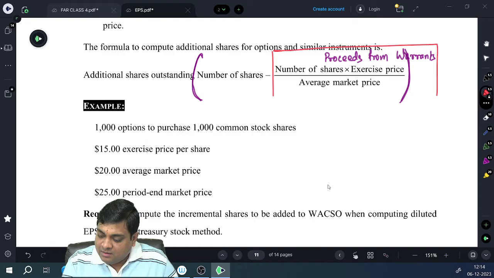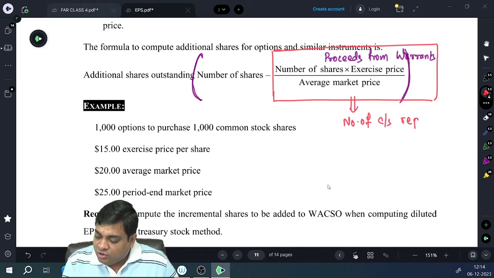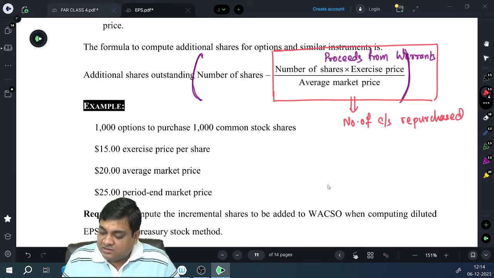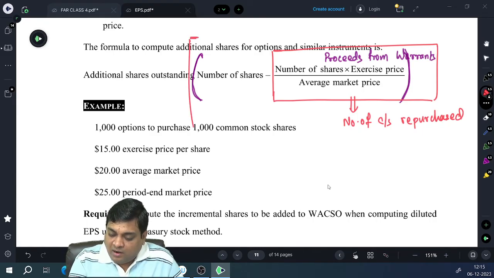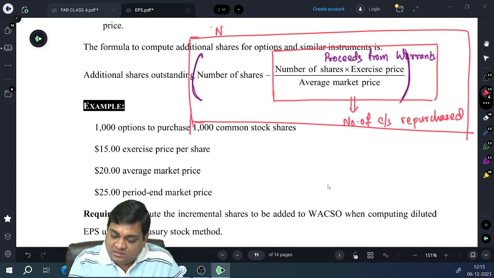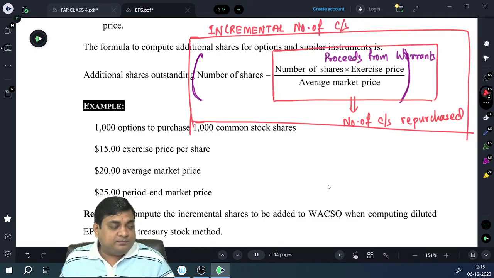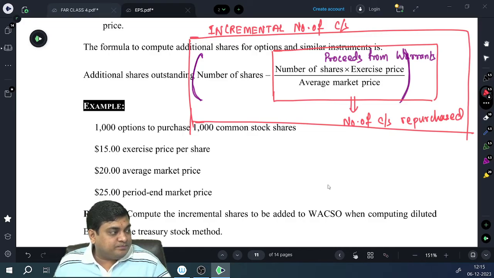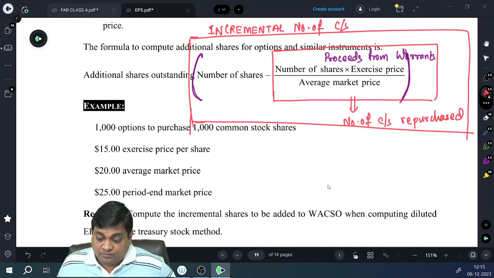And this entire part will give you the number of common stock repurchased, and this whole part is the incremental number of common stock, right? So this is very simple.